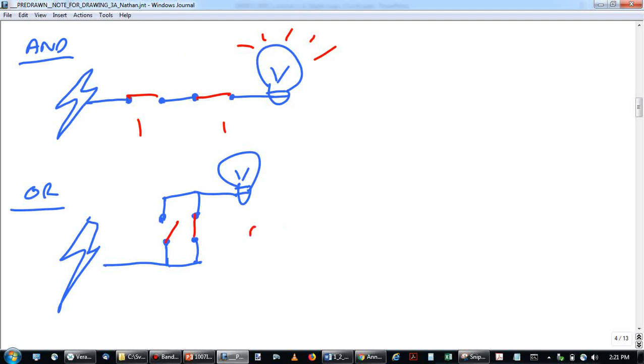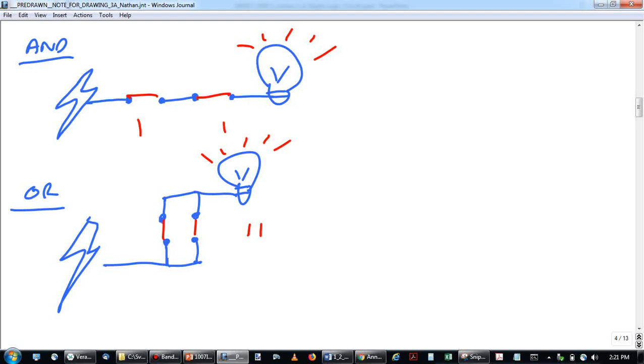But if I do this, 0, 1, do I get light? Yeah. What about 1, 0? Should get light because there's a way through. And then 1, 1 will get light because, again, there's a way through. So again, as a visual way to represent this, you could imagine that this is how it works. Does it really work like this? Not really, but it's a visualization for it.